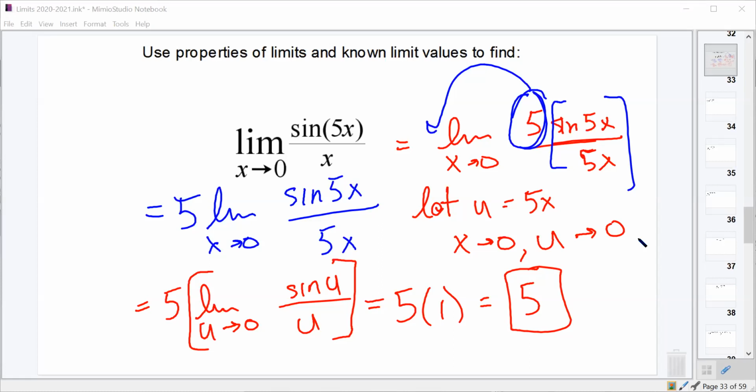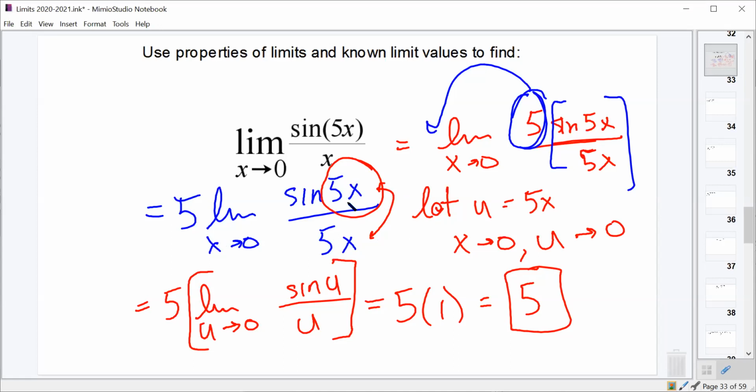So from now on, we can go ahead and say, as long as x is approaching 0 and we've got anything inside of here, 5x or 12x squared, or 3000x to the 800th power, as long as the denominator is the same, as long as this 5x and 5x are the same, we can just go ahead and say that limit is also going to be 1.